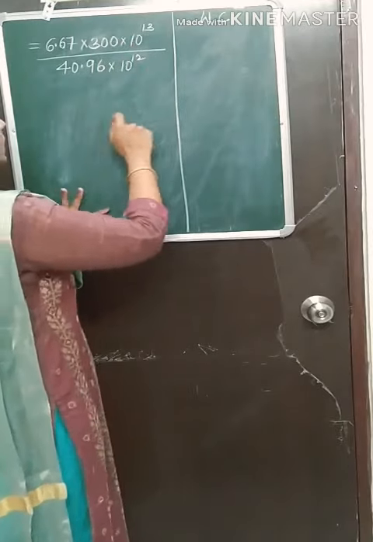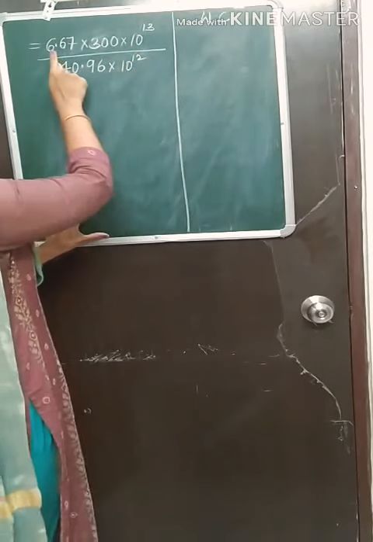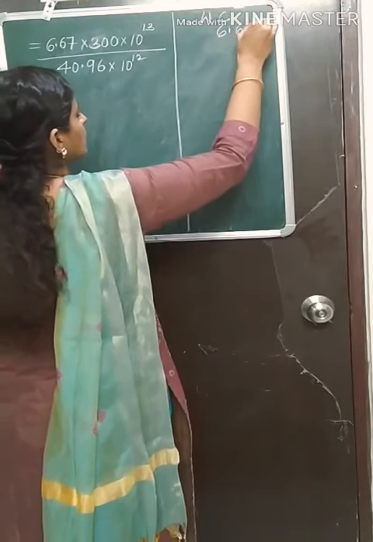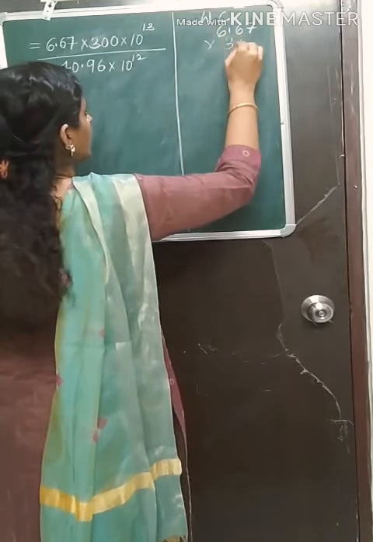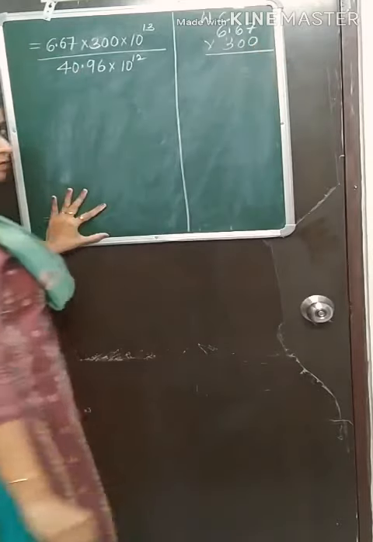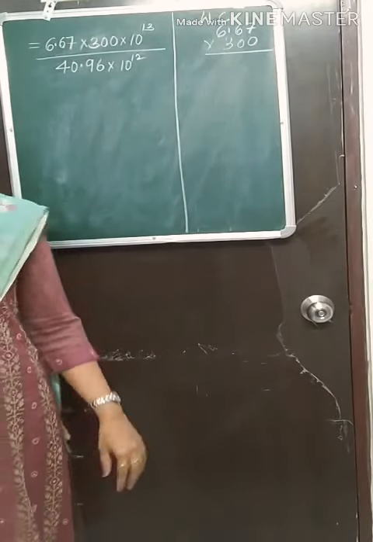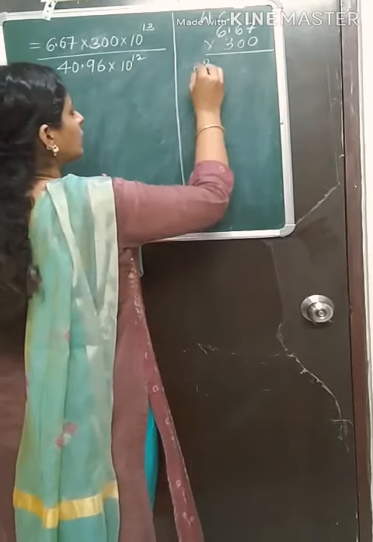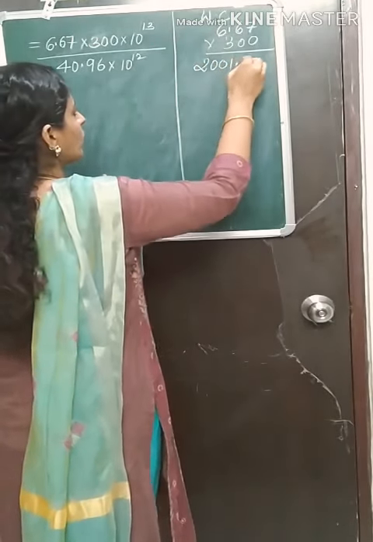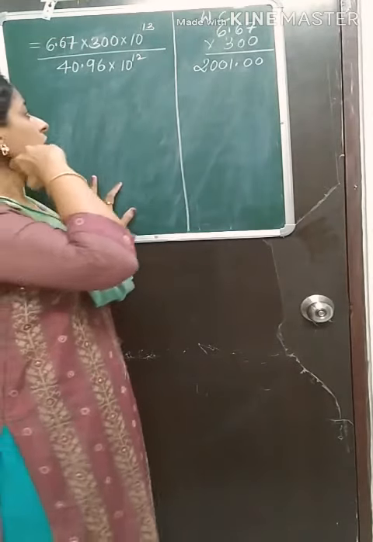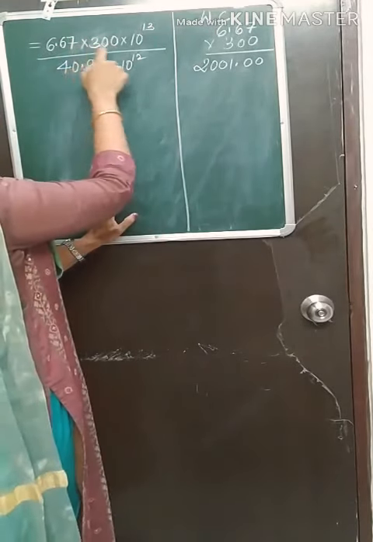Now let us solve it further. 6.67 into 300, first you solve that. Somewhat we are getting 2001.00. You also got the same number? Check. Okay, so we did these two.